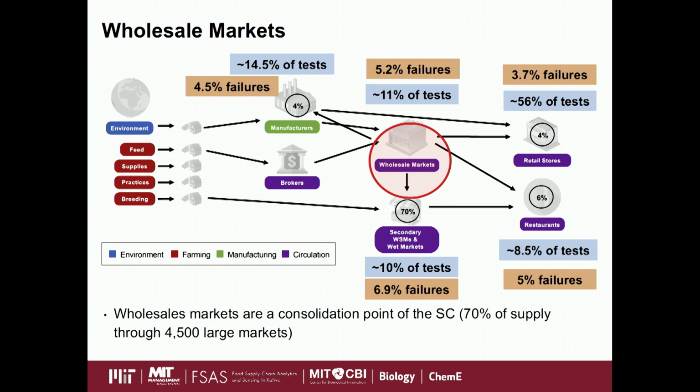And this is really an attractive opportunity because in a relatively small number of locations, you can touch, inspect and try to control the quality of a lot of the supply in the supply chain.